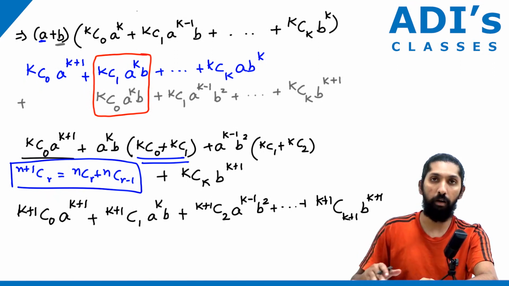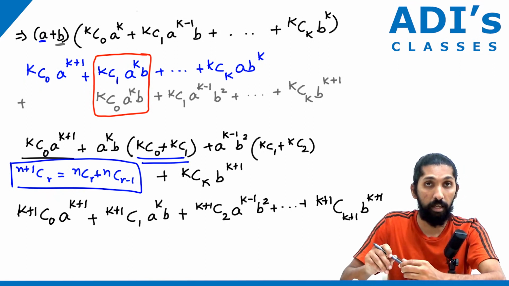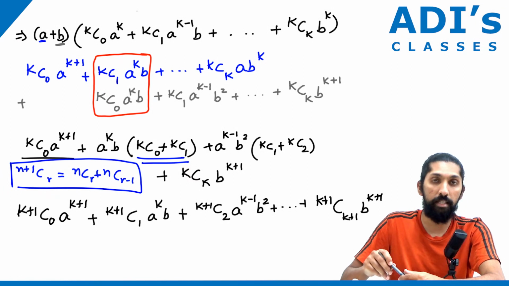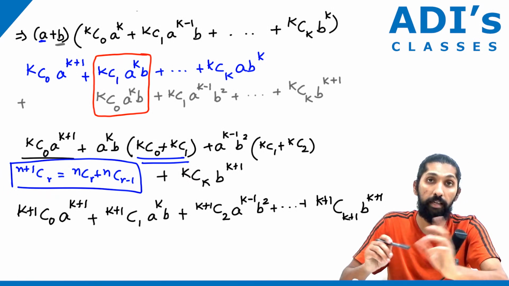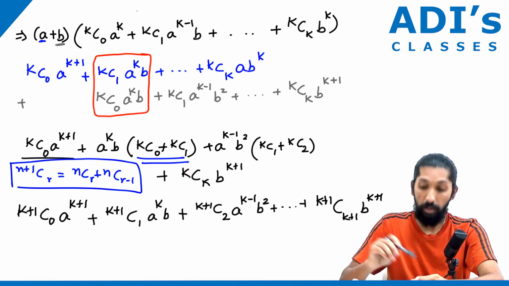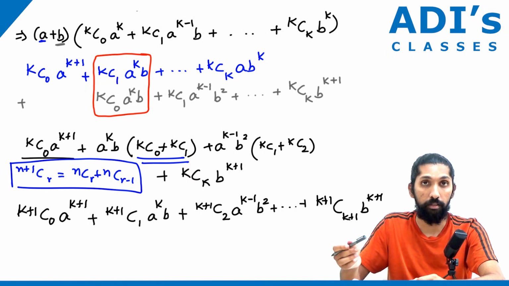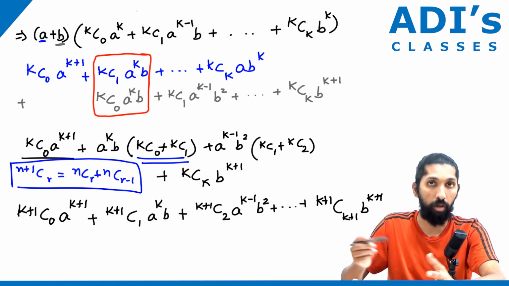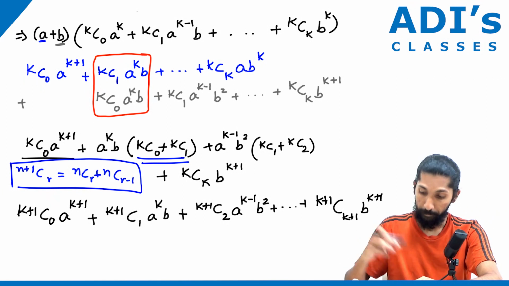You might be thinking, how did we get (k plus 1)C(k plus 1)? What is nCn? 1. kCk? 1. What is (k plus 1)C(k plus 1)? That is also 1. All of them are 1 itself, isn't it?